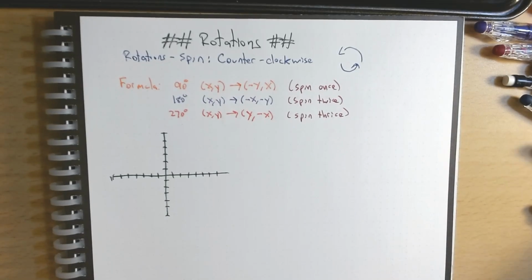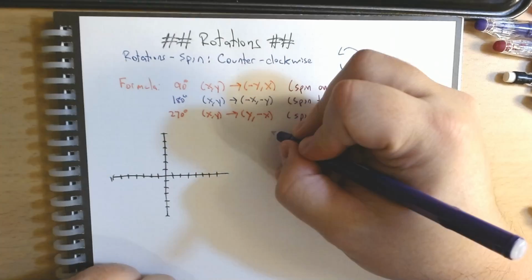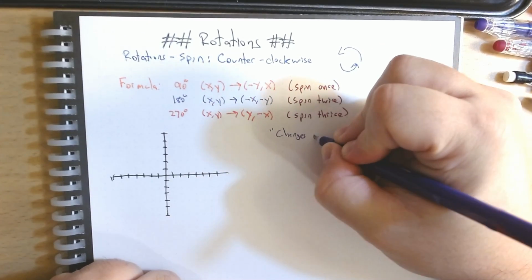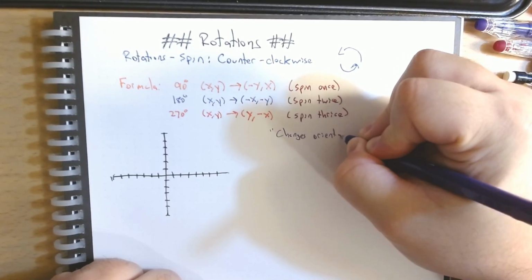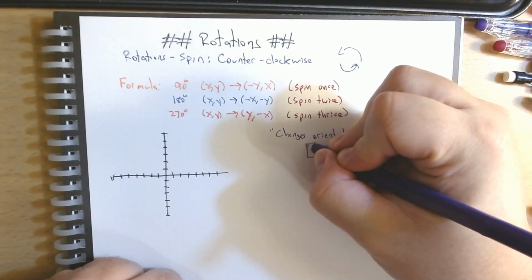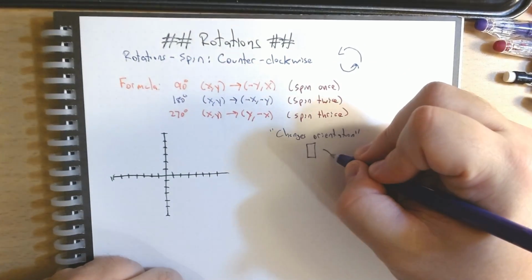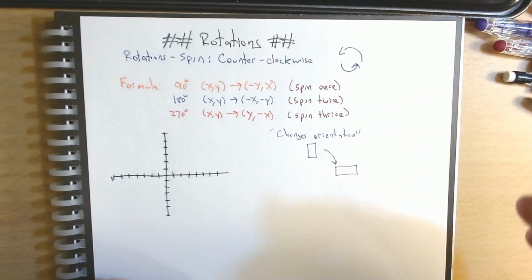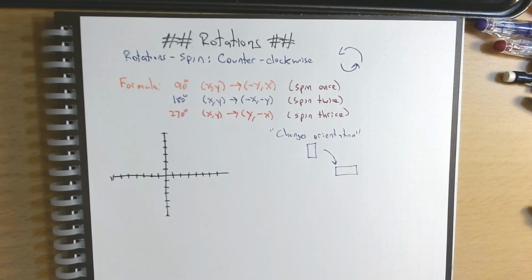And before I forget to, I like to think it changes the orientation, which usually means if you're rotating, if it's standing up, if you rotate it, it's now lying down. That's how I like to think of it.